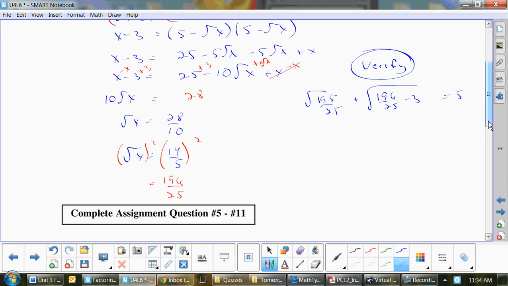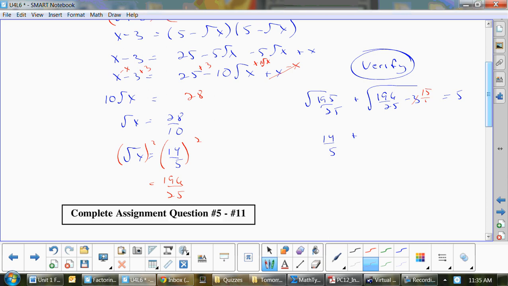Now, what is the square root of 196 over 25? We know that already. It should be 14 over 5. Because remember, I squared it to get that. Plus, now we've got to make this 3 subtract from that. So instead of 3, I'm going to put something else to subtract. You have to make a common denominator. What is the same thing as 3, but with a common denominator? 15 over 5?